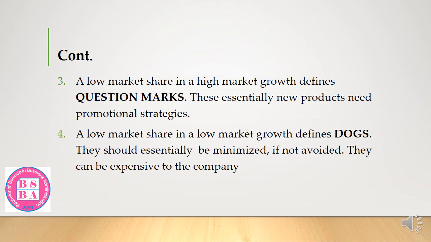If you are offering a product that is very expensive to the company, the company should decide whether the product will be continued, or if it continues, it needs intensive research about that product. Okay, so those are the quadrants.